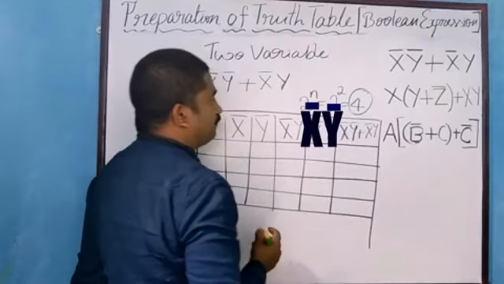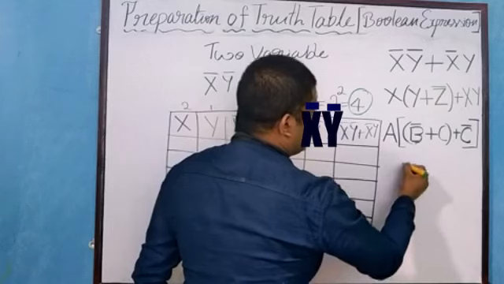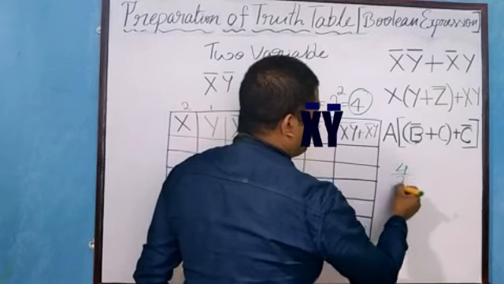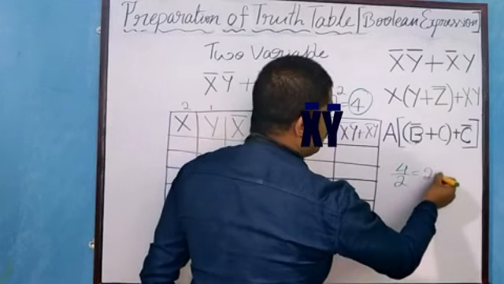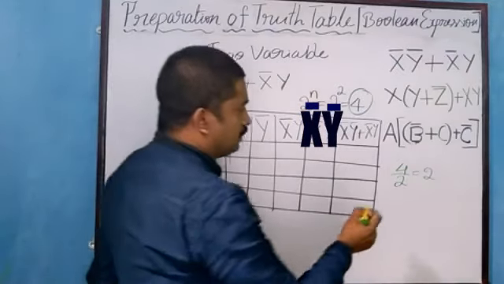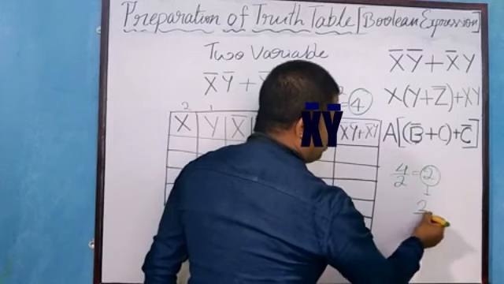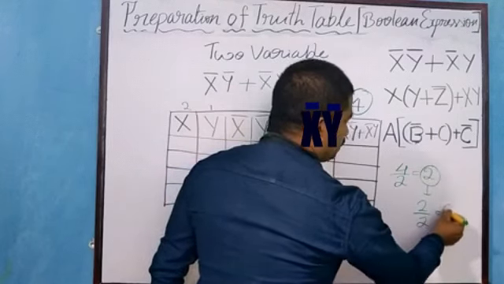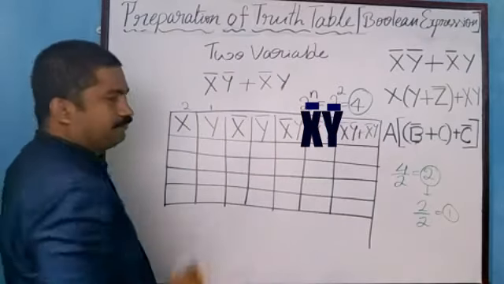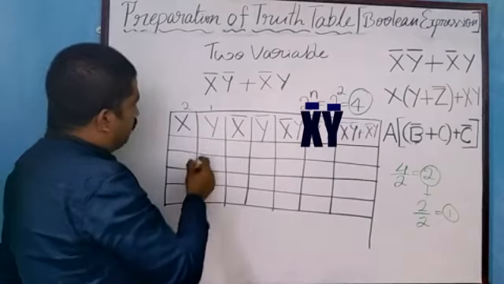See this number, 2 to the power of 2 means 4. Just divide 4 by 2, we get 2. Write that 2 here in the first column. Then once again we got 2. Divide that 2 by 2, we will get 1. Write that 1 here, because to get the different values.